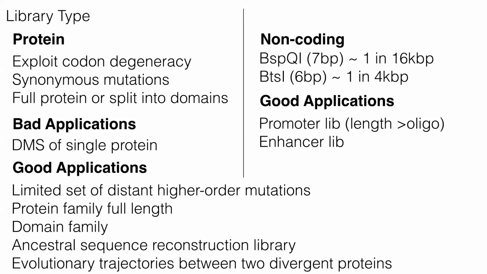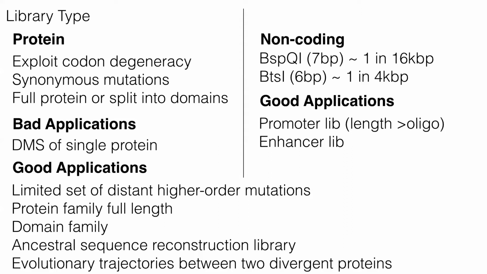That being said, there are potentially a lot of good applications that this opens up, such as if you have a limited set of higher order mutations that are relatively far apart and you can actually fit on an oligo, or you want to study epistasis on a relatively limited set.